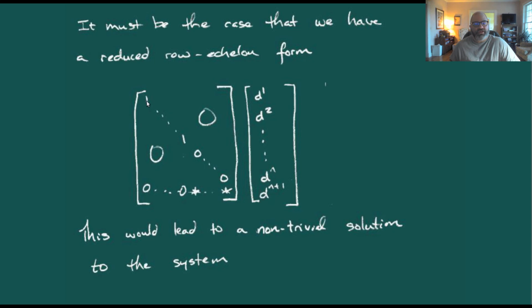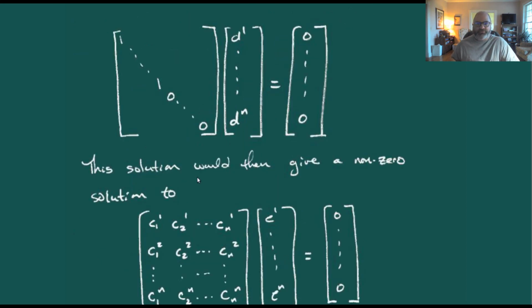Okay, so for the second case, we've got ones along the main diagonal and zeros the rest of the way down. But what happens there? If we forget about that last row for a second, then that gives us a non-trivial solution to this system where we're only taking the first n equations.